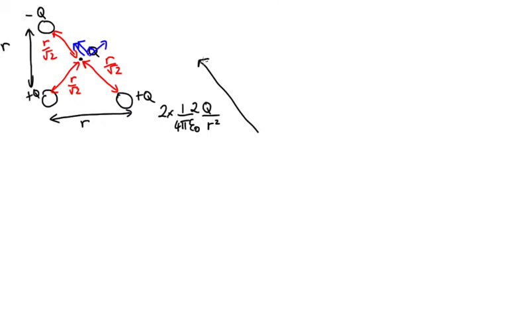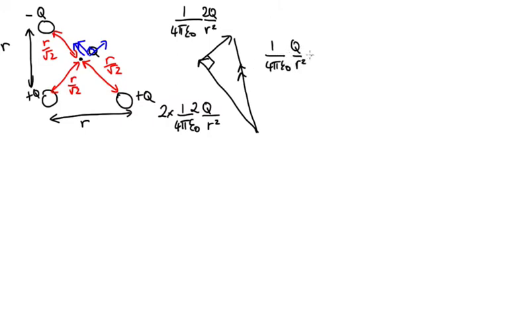And now this electric field is at right angles to that one, and it's got this same magnitude here. So we've got 1 over 4πε₀ times 2q on r². And so our resultant is up here. To calculate our resultant, we can just use Pythagoras' theorem because these are at right angles. So we've got 1 over 4πε₀ times q on r².